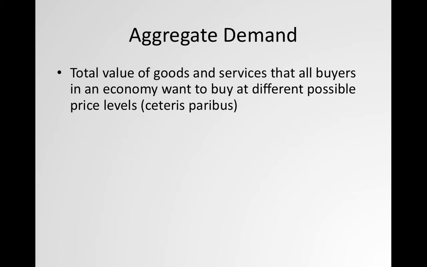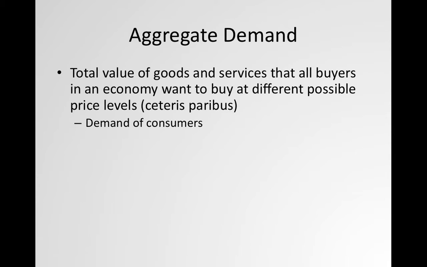So let's talk about who those purchasers are. When we're looking at aggregate demand, we're looking at the demand for everything: houses, cars, computers, pens, carpet, windows, everything that's produced. Kind of a demand curve for everything. Obviously one group that purchases a lot of different goods and services is consumers.